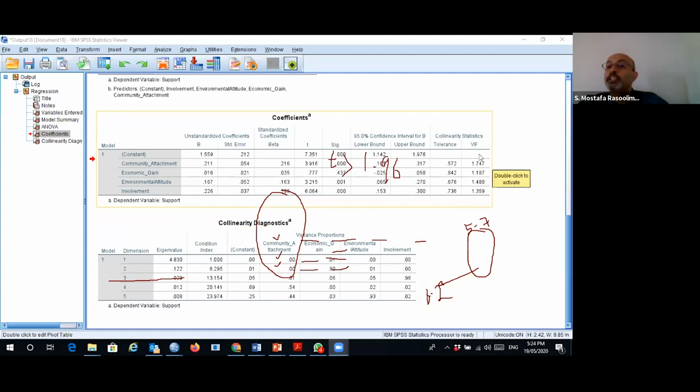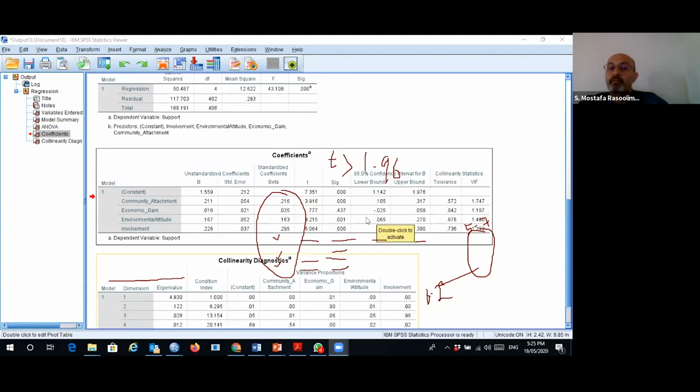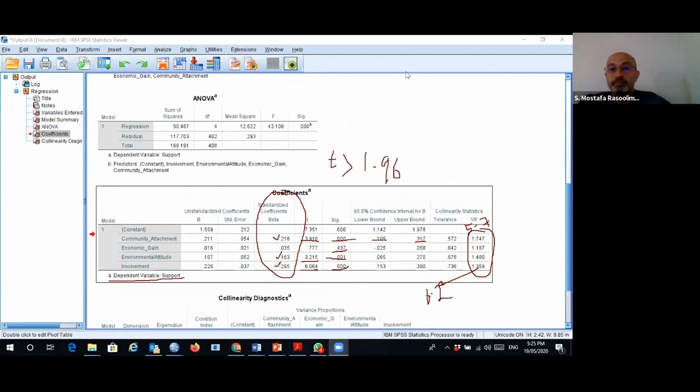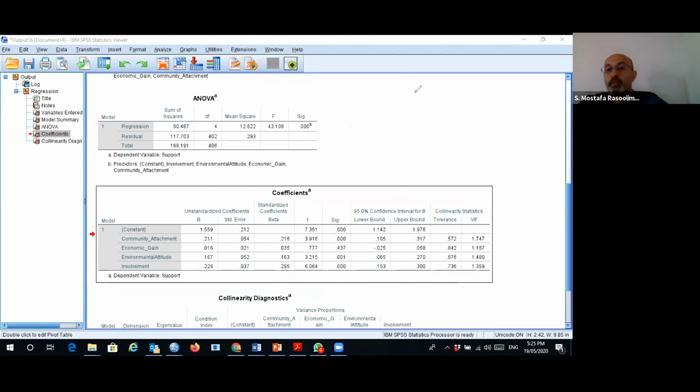You have the VIF information, and the interpretation of multicollinearity VIF is enough, and it should be lower than 5. So this is for interpretation and performing multiple regression.